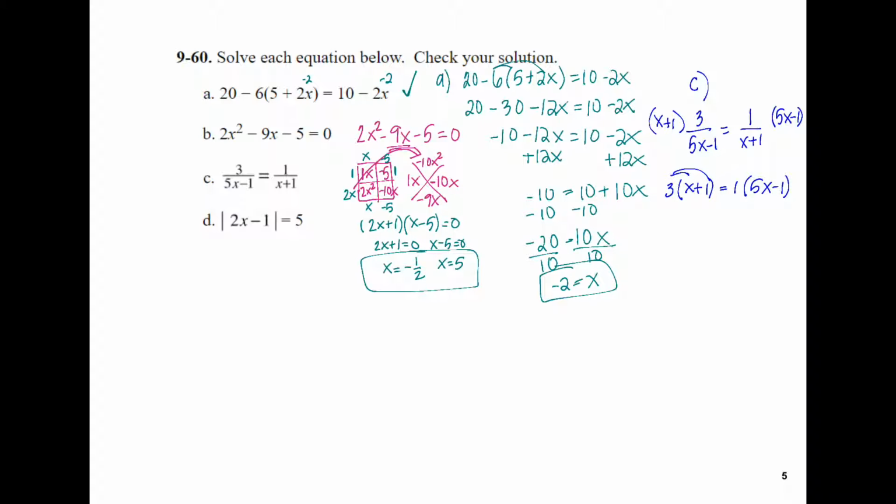Distribute my 3, so I get 3x plus 3 equals 5x minus 1 when I distribute my 1. Inverse operations, combine your like terms. Four equals 2x, divide by 2, x equals 2.